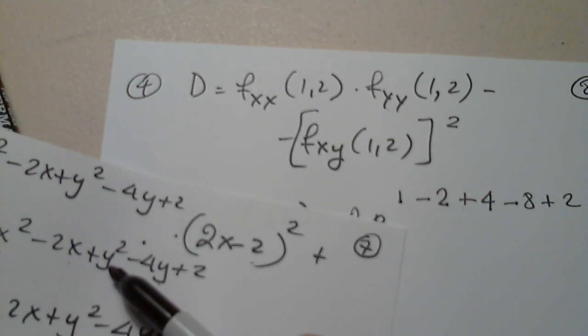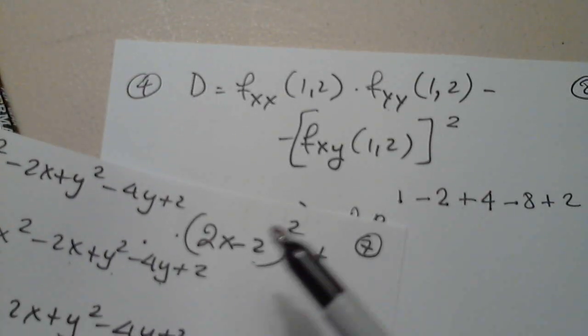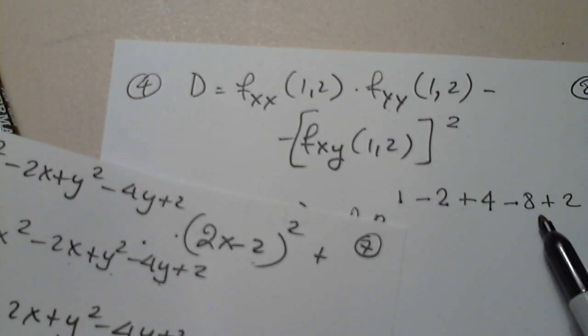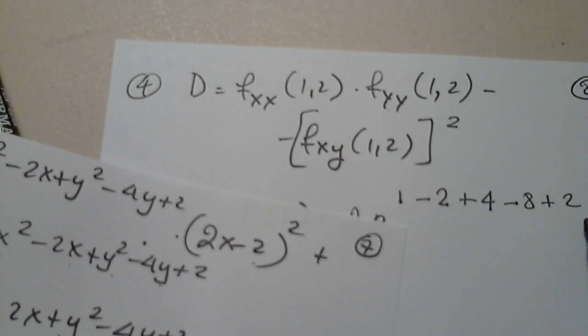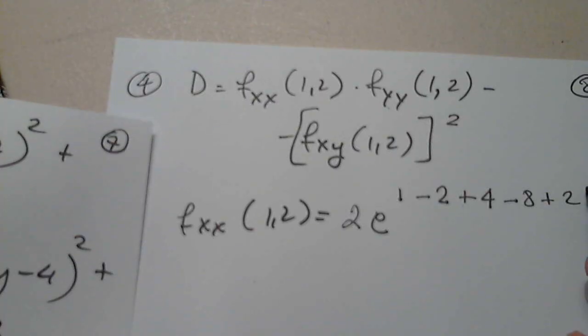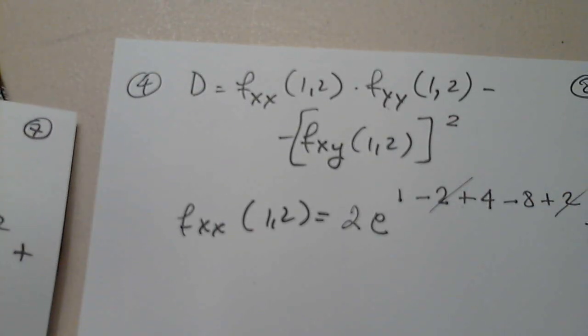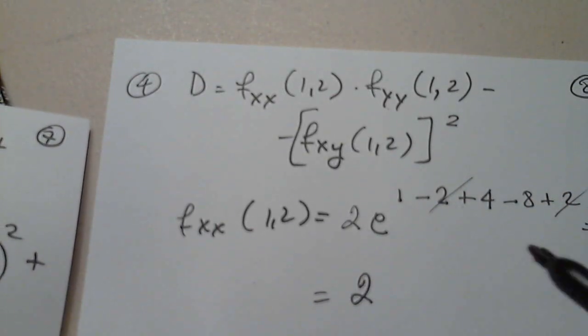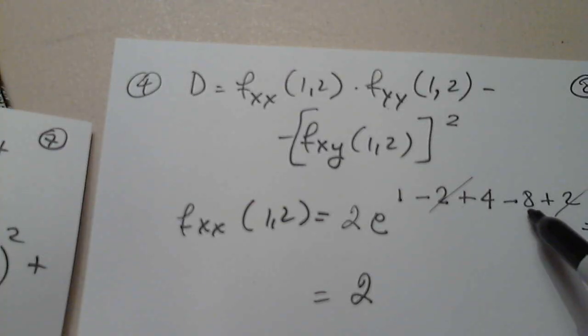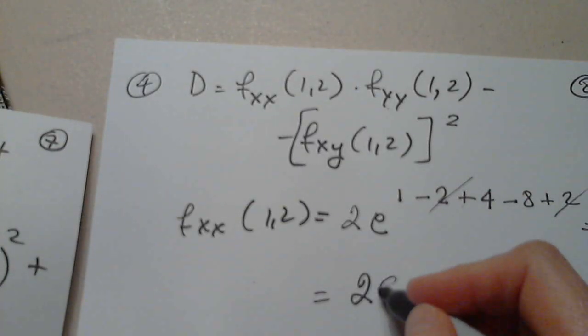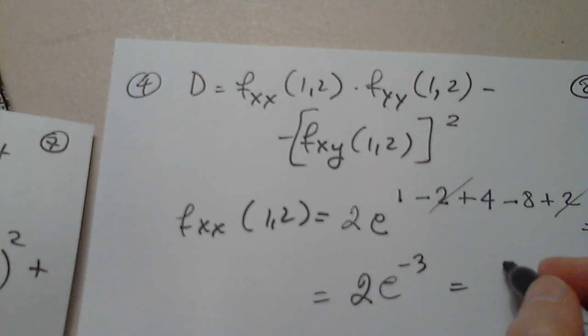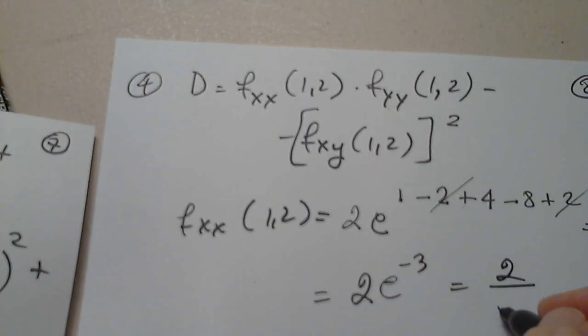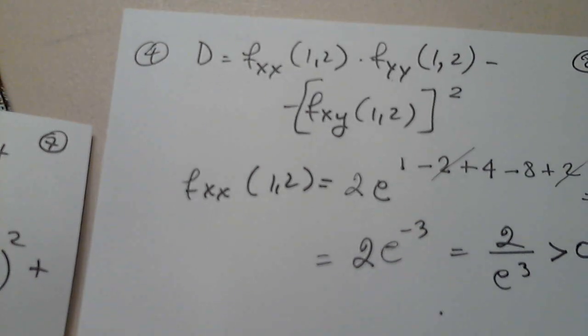And then I have 2 squared, which is 4. And then I have negative 4 times 2, which is negative 8. And then plus 2. These two go away. So this is 2 e to negative 3, which is 2 over e to the third, which is positive.